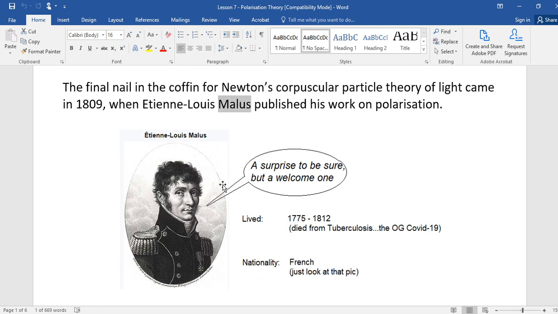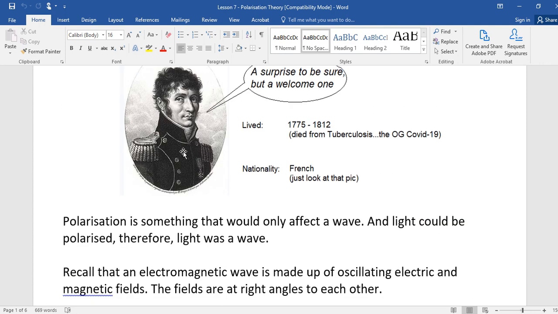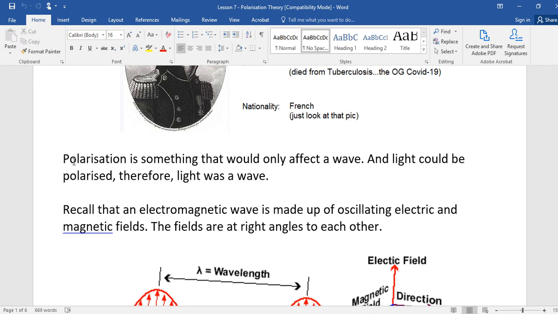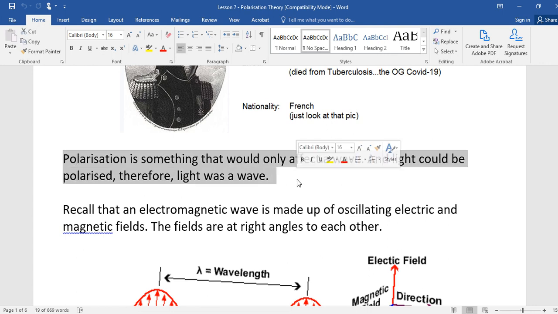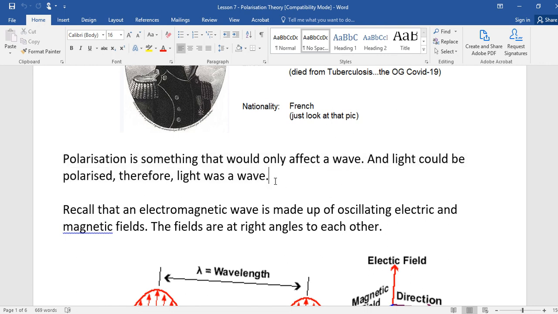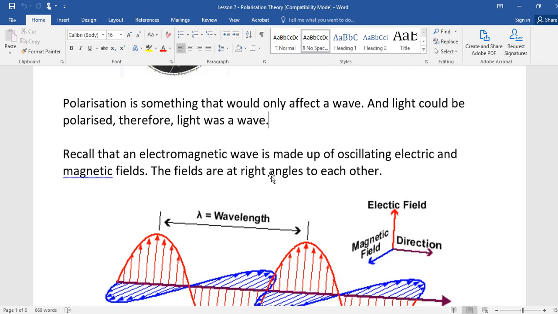And he is the guy that came up with Malus's law, which was published in 1809. If you remember, Young's experiment was 1801, then this is 1809. So the 1800s was like, yep, light is a wave. So here we get evidence that it's a wave. You would not be able to polarize a particle-based thing, so it must be a wave.